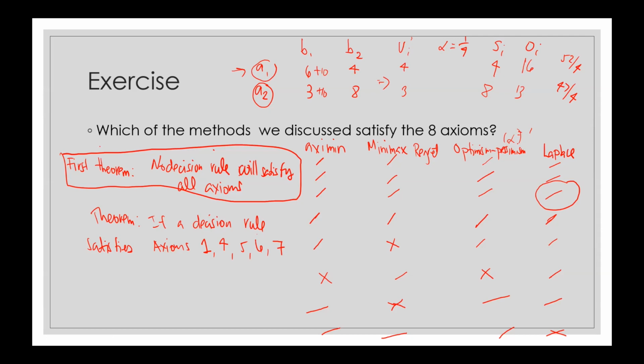Correct. Number 7? Independence of row permutation. Correct. If a decision rule satisfies these 5, then that decision rule is equivalent to Laplace. Kung meron man kayo ma-discover na rule na nag-satisfy kay 1, 4, 5, 6, 7, that's the same as Laplace. So that is our second theorem.